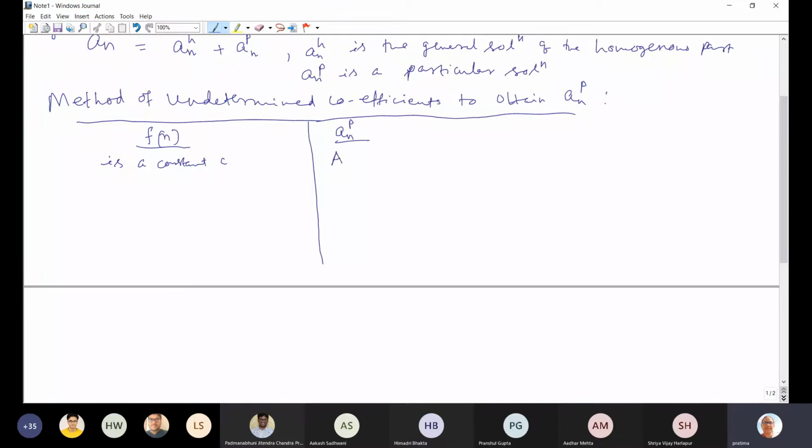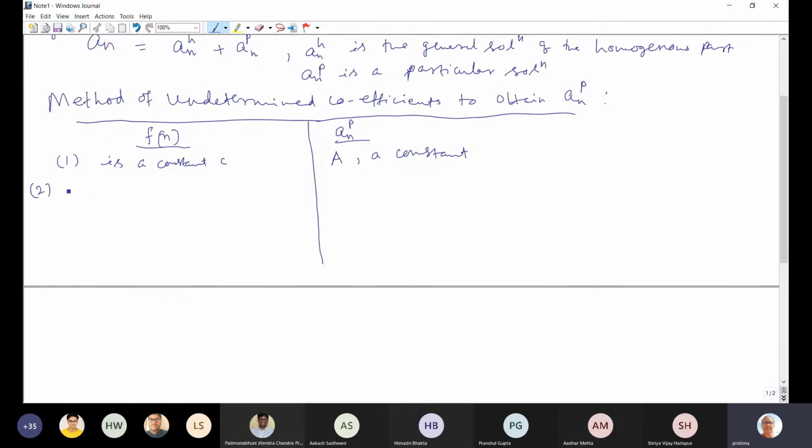We use the notation A, a constant, because we have to determine the value of this constant A by substituting. This is the first form. Then the second form of the function f(n).